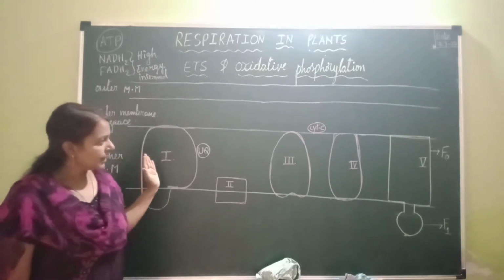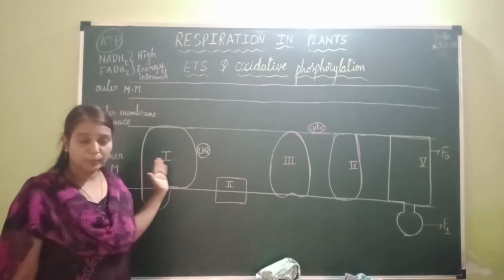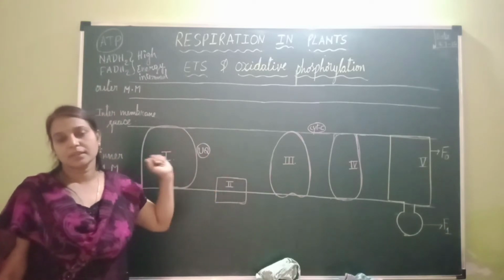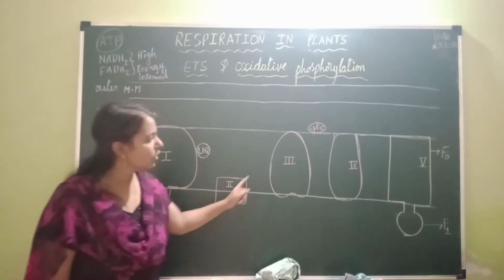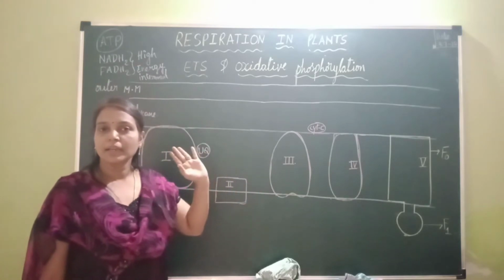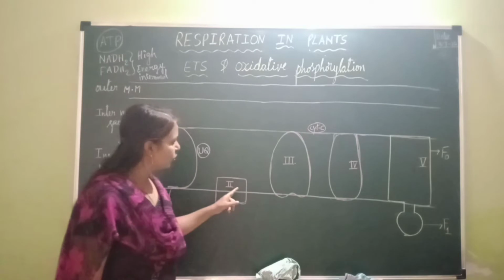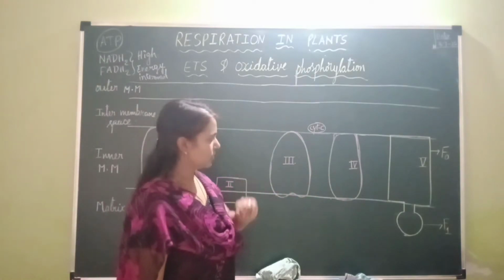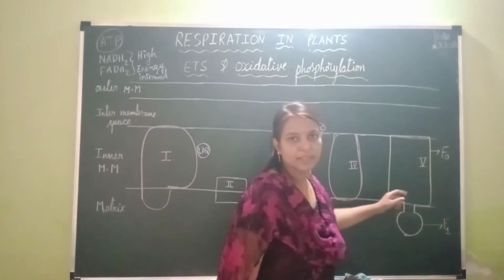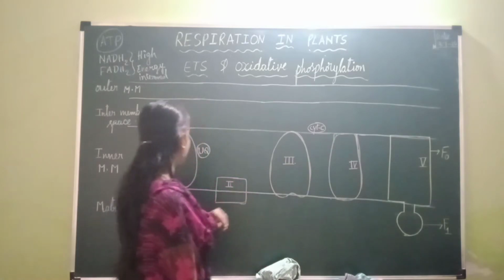Here, how many complexes are associated with the inner mitochondrial membrane? There are 5 complexes, and among these, the first 4 are involved in electron transfer, whereas the 5th is involved in the synthesis of ATP.